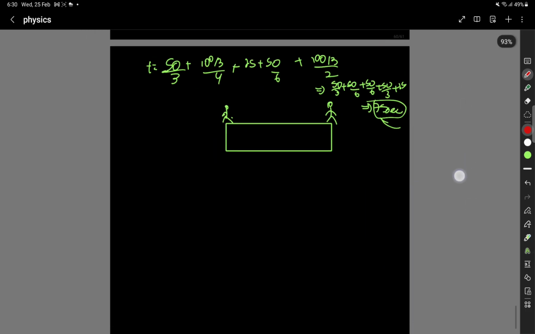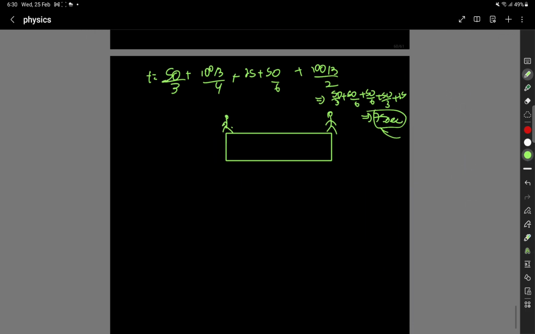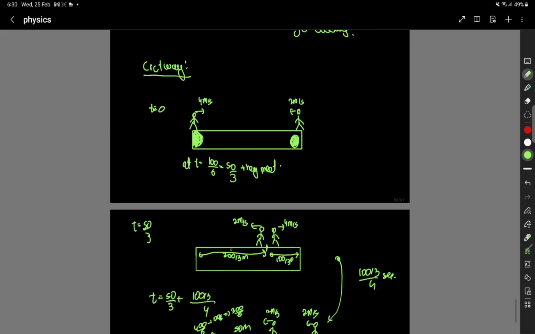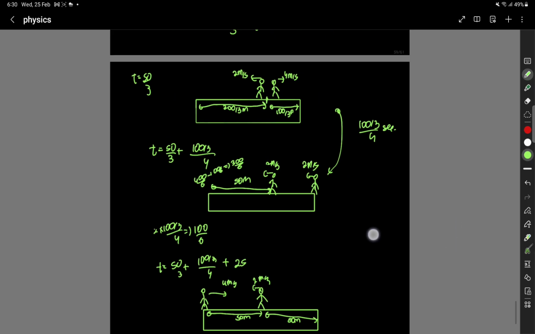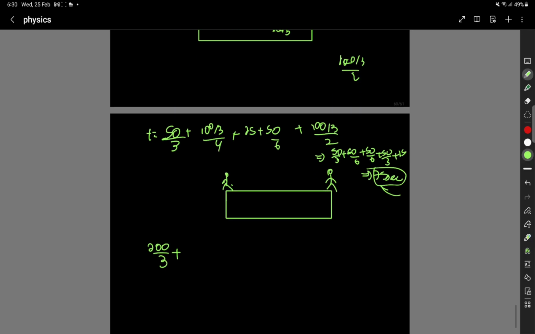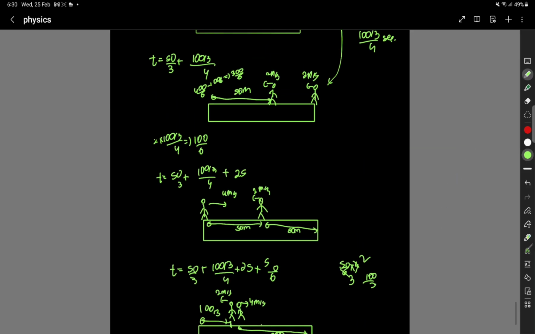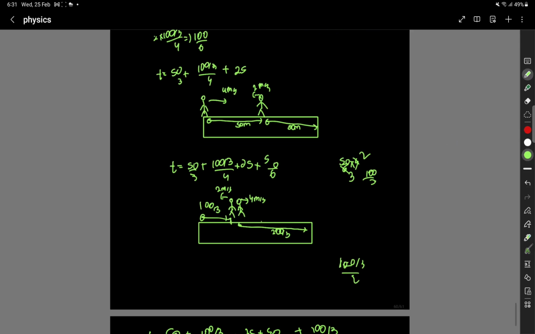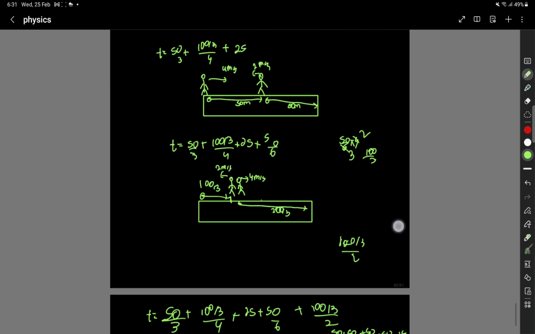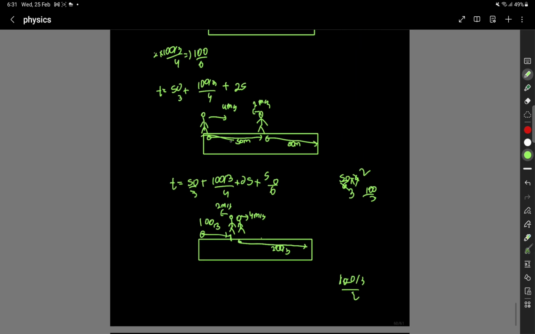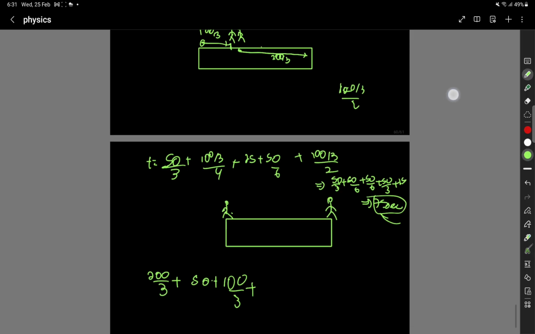Distance traveled by the left side boy will come out to be first 200 by 3, then plus 50, and next another 100 by 3, then another 100 by 3.